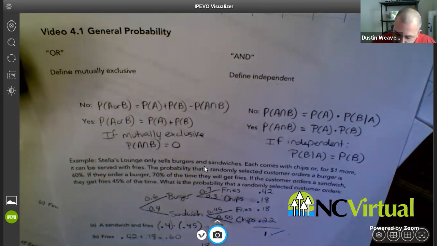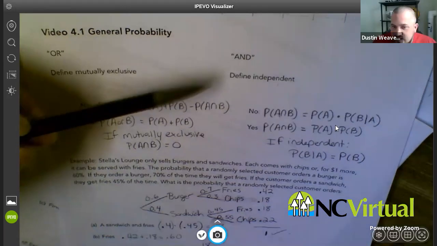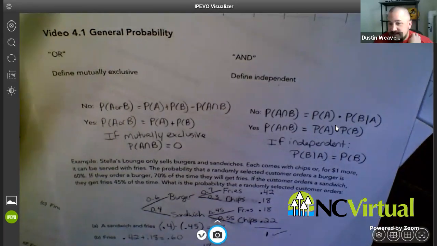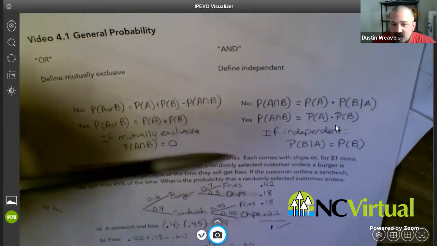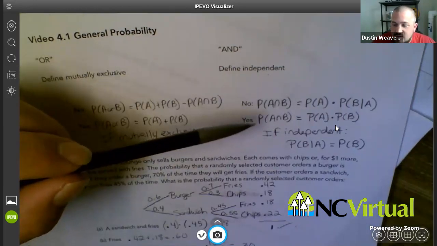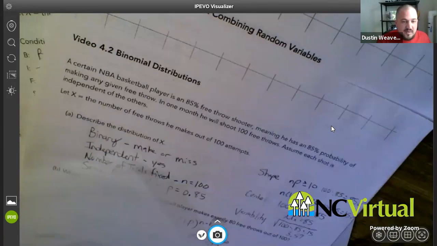The next thing, if they're independent, the probability of A and B is A times the probability of B given A. If they are independent, we can just multiply the probability of A and the probability of B. Okay, so that was general probability.